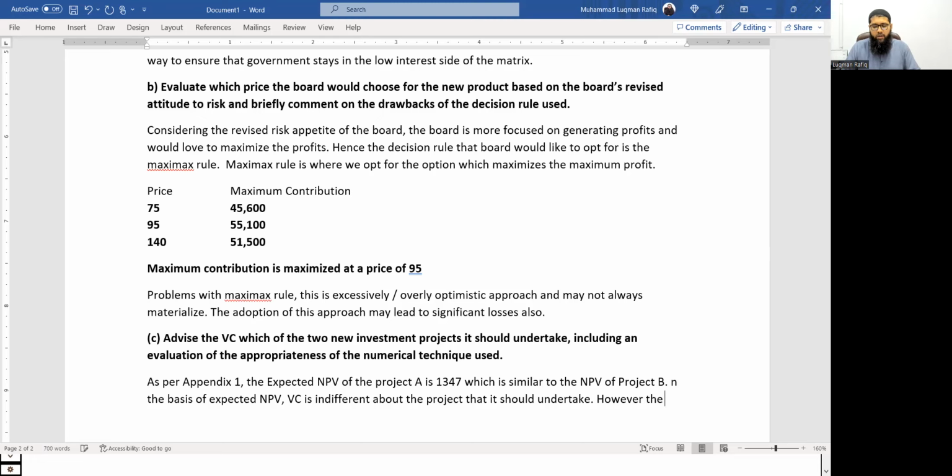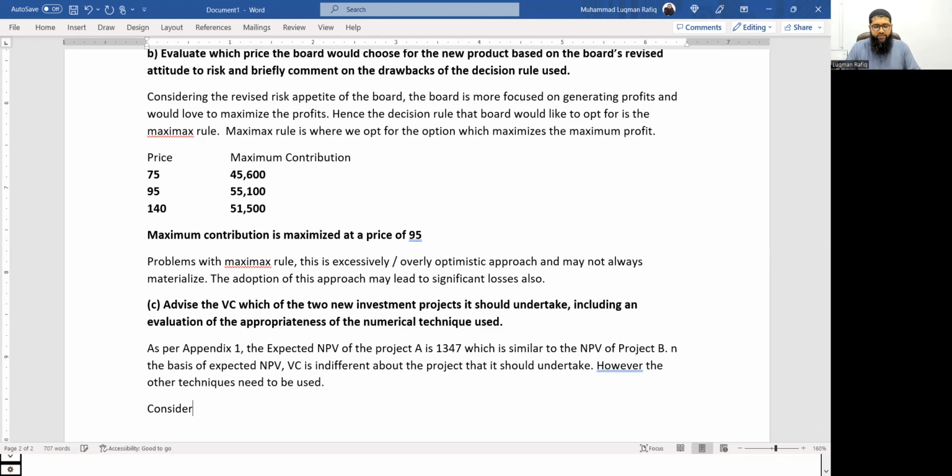However, other techniques need to be used, considering that the VC is risk neutral.